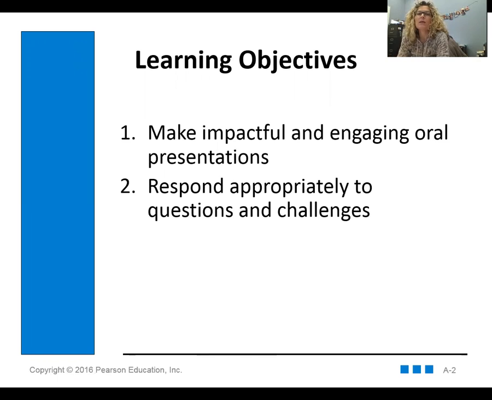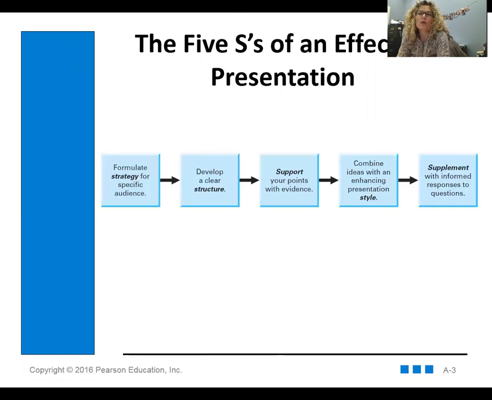All right. And so when you're thinking about your presentation, the idea is that you think about the beginning, the middle, and the end. I'm just going to identify some things that I'll be looking for in those different areas. It is important to recognize what your purpose is, what your strategy is for this presentation.